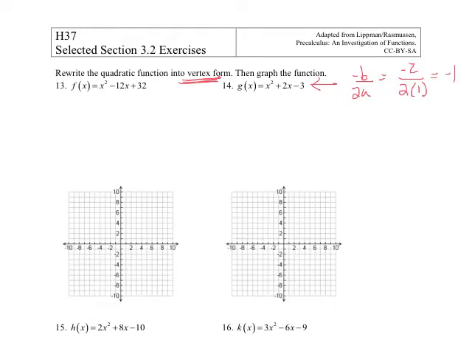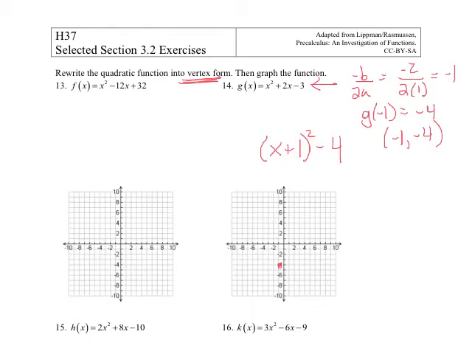So our vertex is going to occur at negative 1, and g of negative 1 is equal to 1 minus 2 minus 3, which is negative 4. So our vertex is at negative 1, negative 4, which basically means we've gone to the left 1 and down 4.